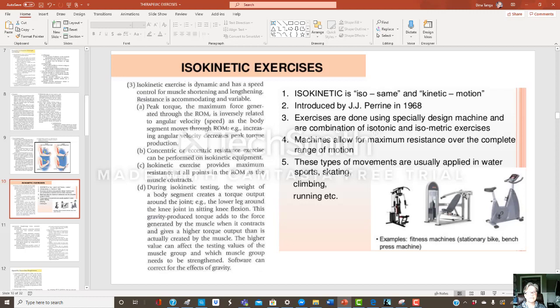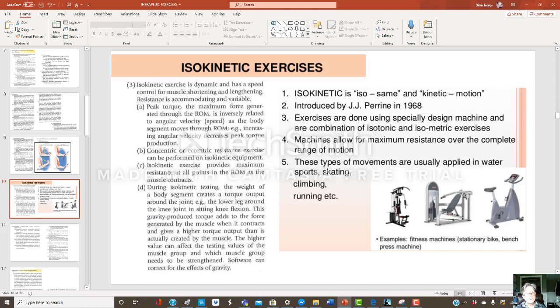Isokinetic exercise provides maximum resistance at all points in the range of motion as the muscle contracts. During isokinetic testing, the weight of the body segment creates a torque output around the knee. For example, the lower leg around the knee joint in sitting knee flexion.